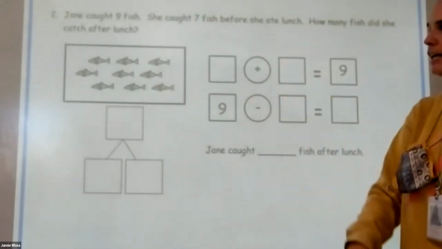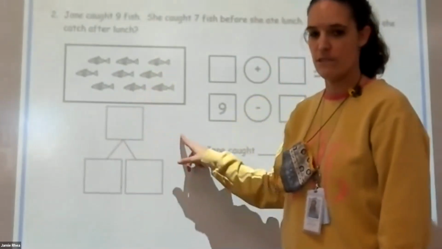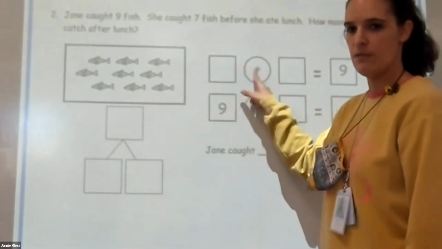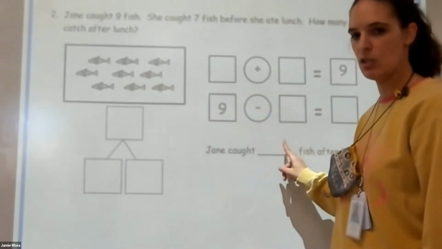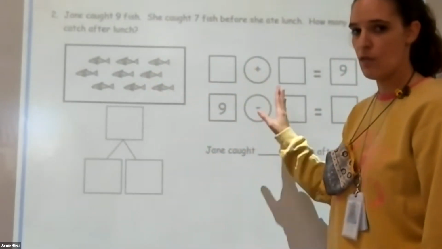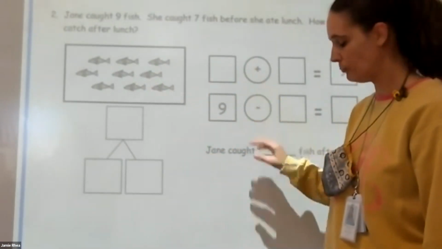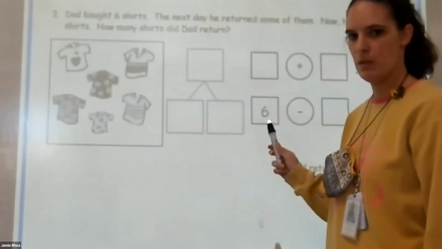How many fish did she catch after lunch? You need to draw your line or circle, fill in your number bond, fill in your addition sentence, fill in your subtraction sentence, and fill in your number statement. Make sure you do all of that for this one problem. I'm not going to do that one because I want you to solve that one.